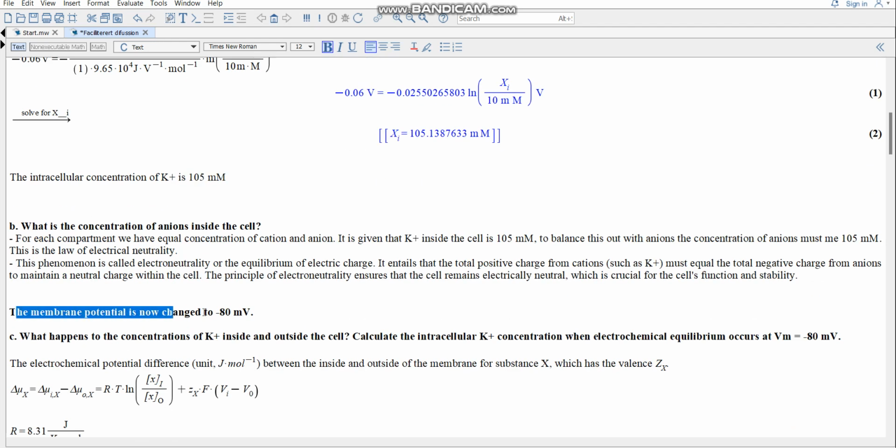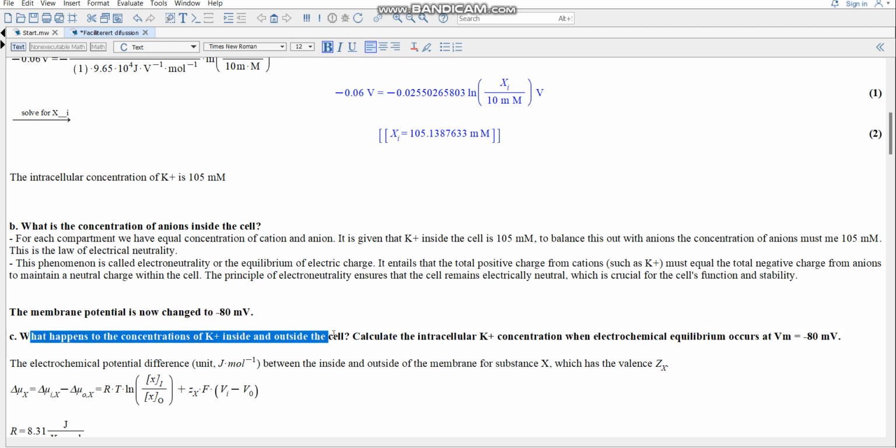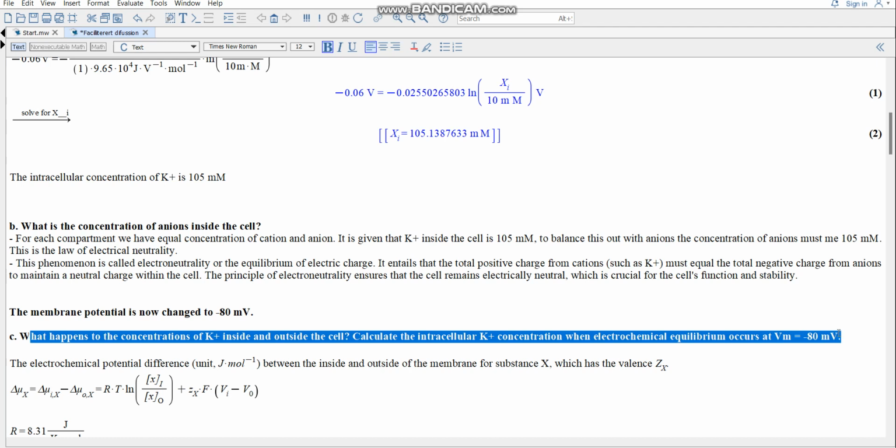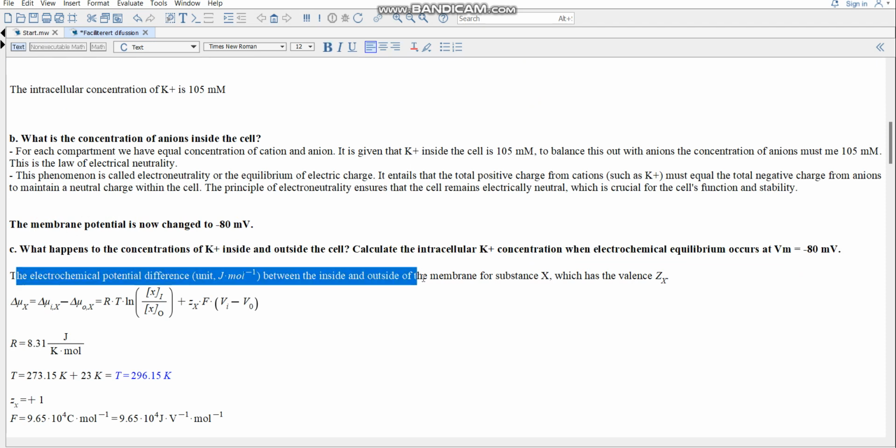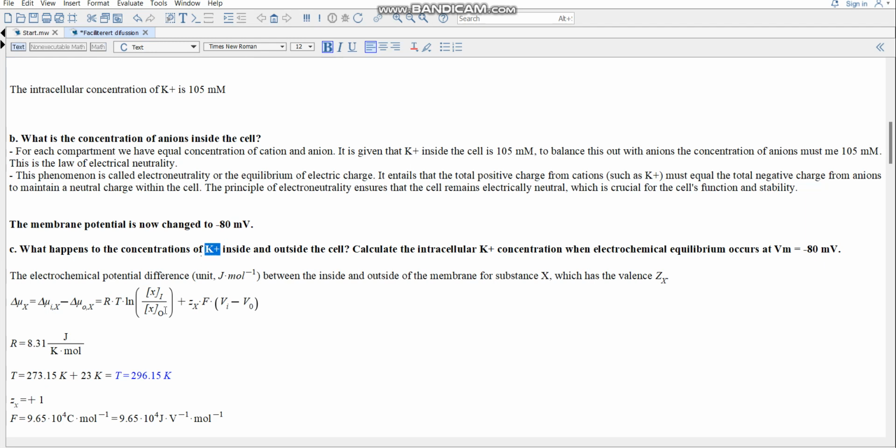Now they say the membrane potential is now changed to -80 millivolts. What happens to the concentration of K plus inside and outside the cell? Calculate the intracellular K plus concentration when electrochemical equilibrium occurs at -80 millivolts. Okay? So we can utilize this equation. So the electrochemical potential difference between the inside and outside of the membrane for substance X, which of course has a specific valence, in our context for potassium is +1.